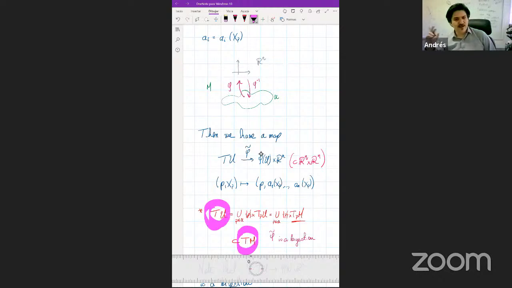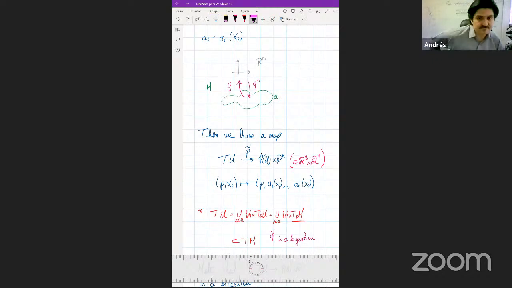As U varies on the charts of M, TU will be open sets, and also the open sets here that will map to a preimage will also be open sets in TU. And that's the topology on TM.